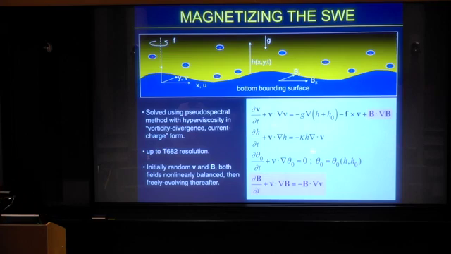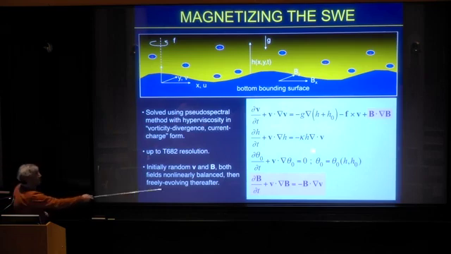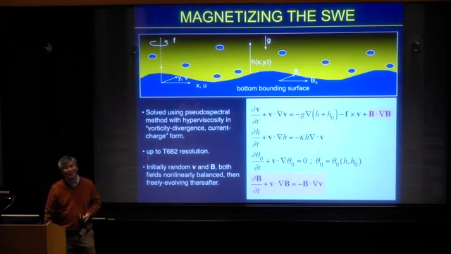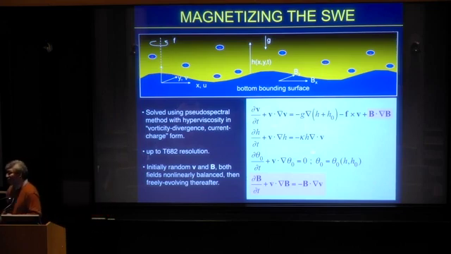Okay, so I'm going to show you some simulations now, but just to give you some simulation parameters, the equations are solved using the pseudospectral algorithm in spherical geometry. So the Legendre basis is used. And even though in the equations here I didn't put down explicit viscosity, there is some viscosity that we put in.